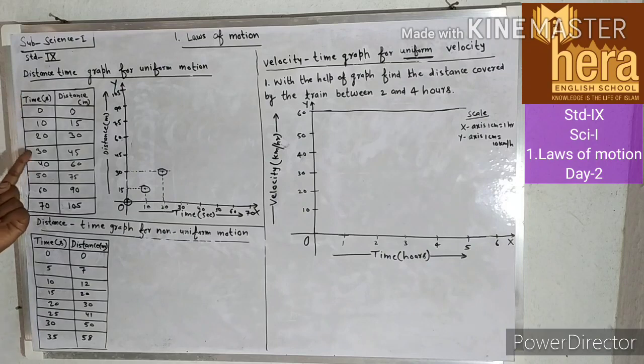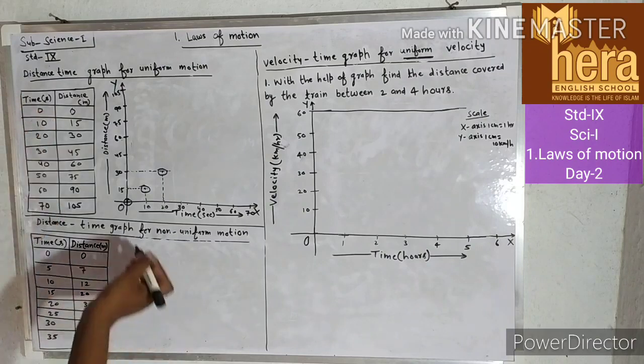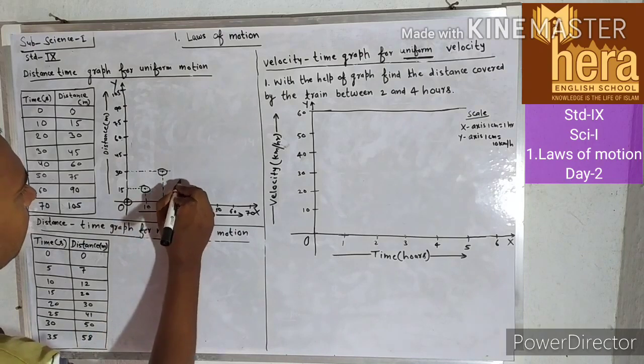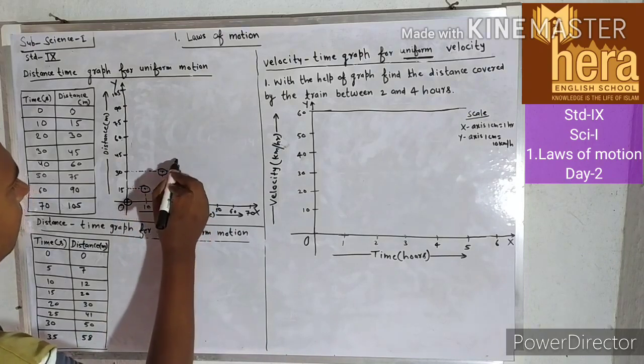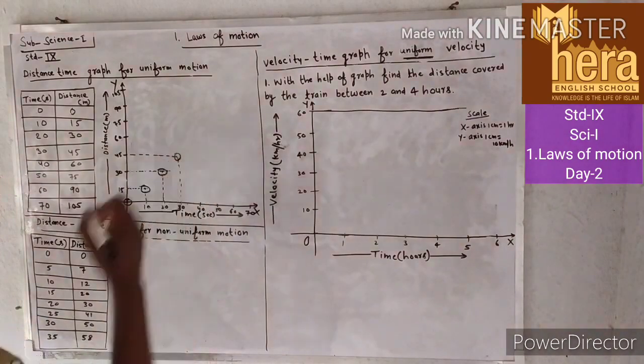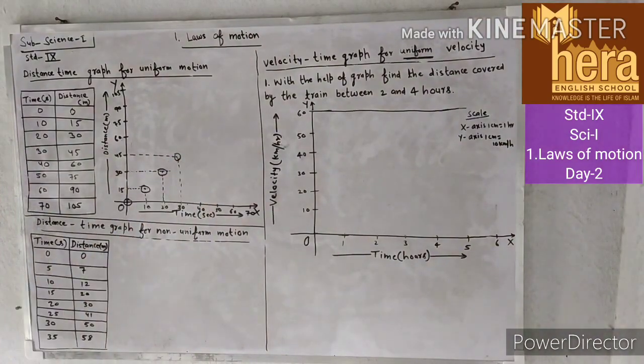T is equal to 30 second. Distance is 45.